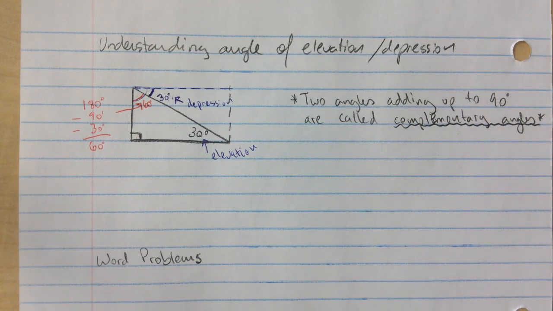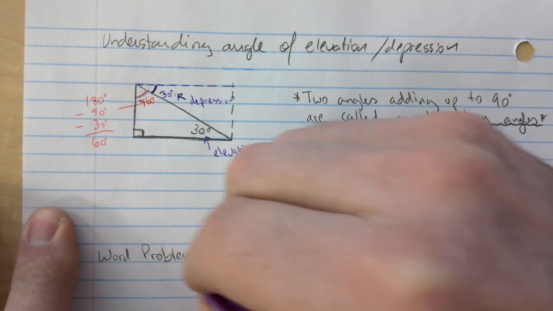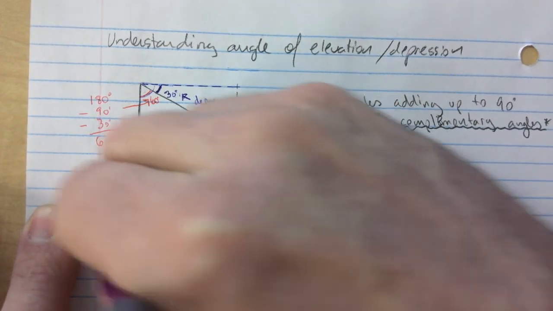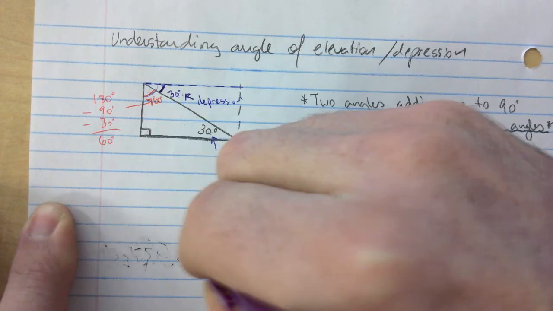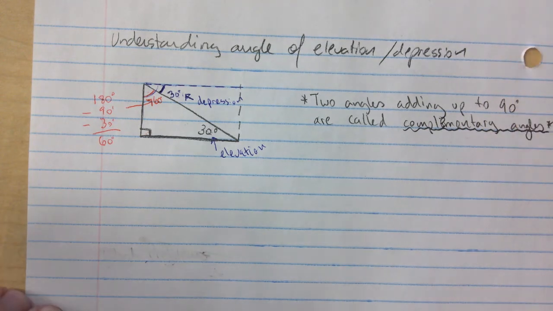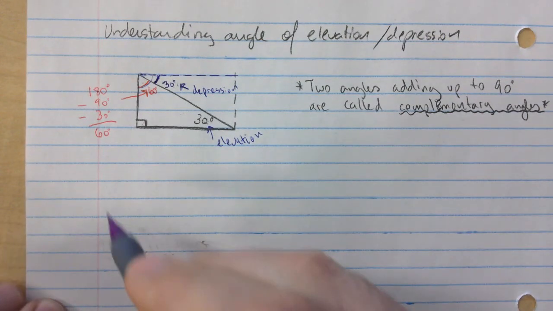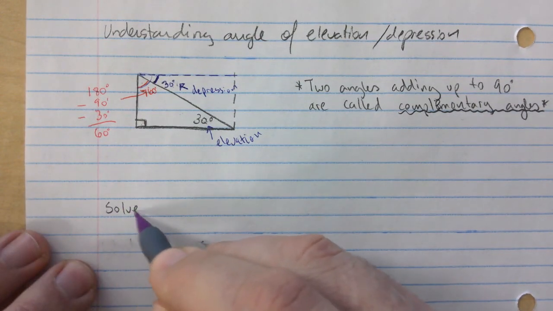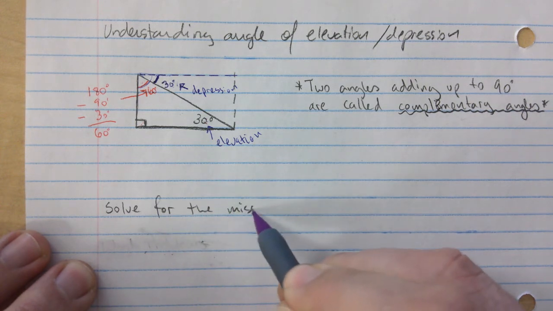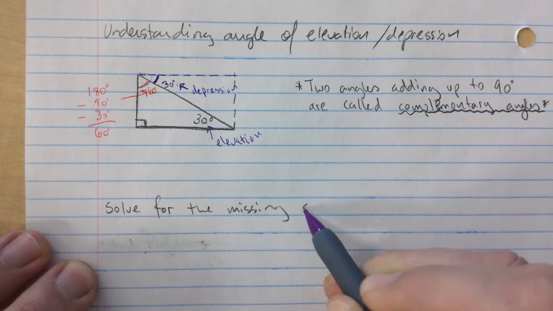Okay. I wanted to jump into word problems. So before I do that, don't write this down yet. I want to review. I just need you to make sure you understand how to solve for sides, how to solve for the missing side.